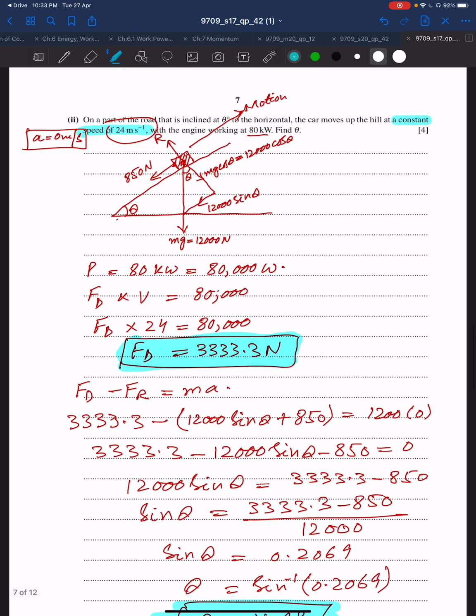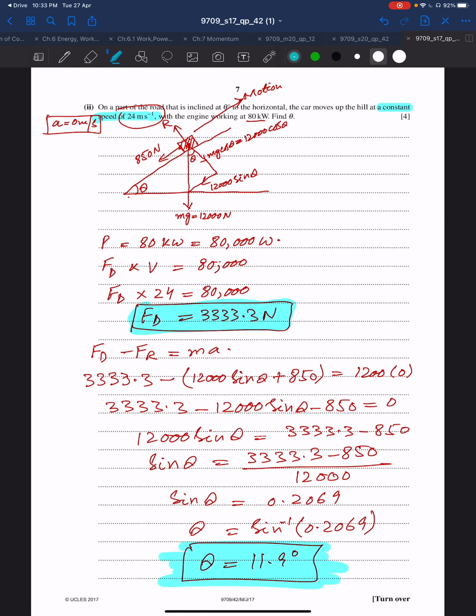Okay, so hope you have understood the concept and you have got everything. Let me highlight, this is the resistance force which is working in this direction, while the motion is upwards. The force which is working in this direction is the driving force.